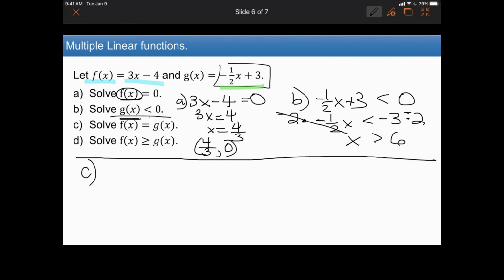And then C, let's see. Well, it literally says f of x equals g of x. So you literally do what it says. So we're seeing where the two functions equal the same x. So f of x is this, equals, and then what's g of x? That's it. And then you just solve that. Okay. I'm going to add 4 to both sides.